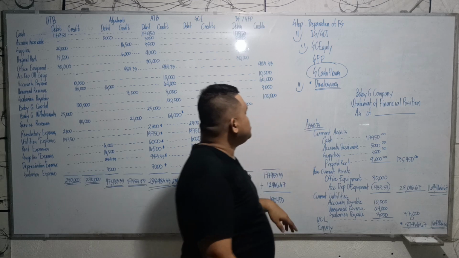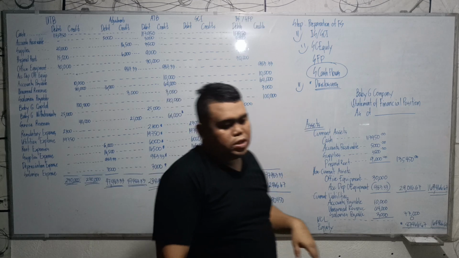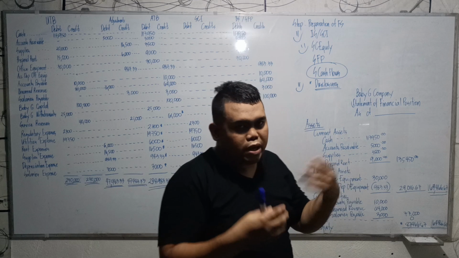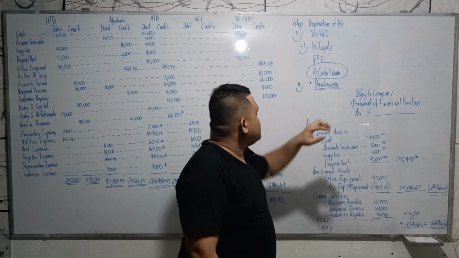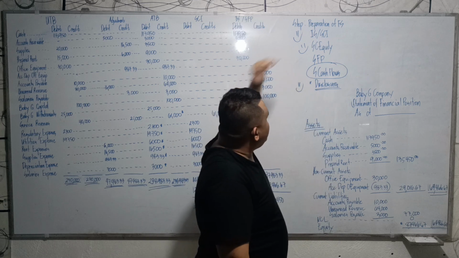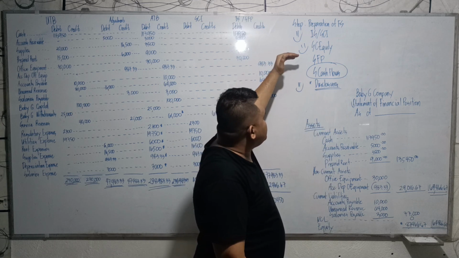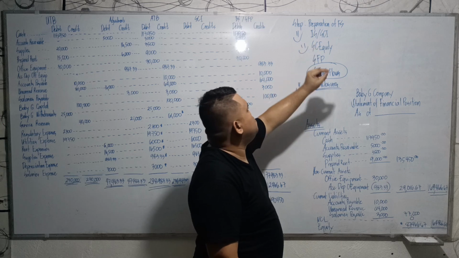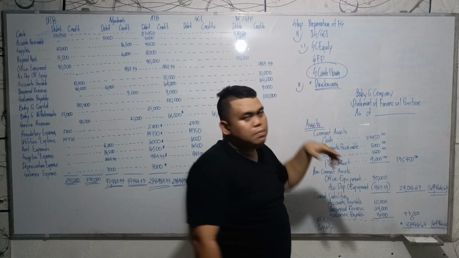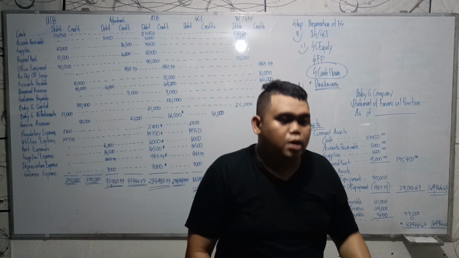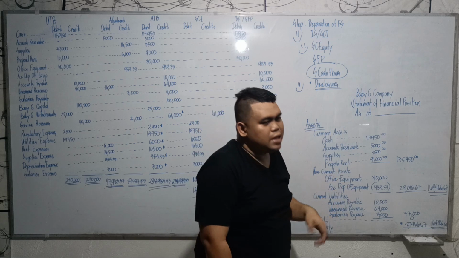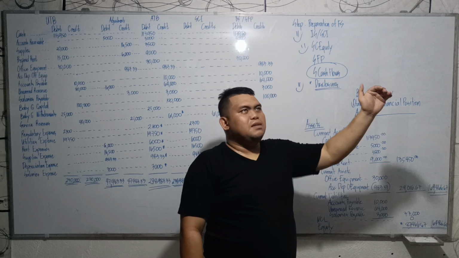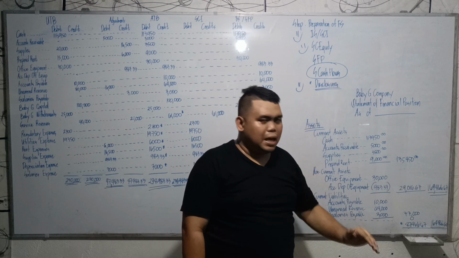So that's disclosures. We have the income statement, which is just composed of revenues minus expenses. So that's the first one that you should make, because the net profit that is the resultant of summarizing revenues and expenses will be used in the statement of changes in equity. On the statement of changes in equity, that is just the beginning balance to ending balance.